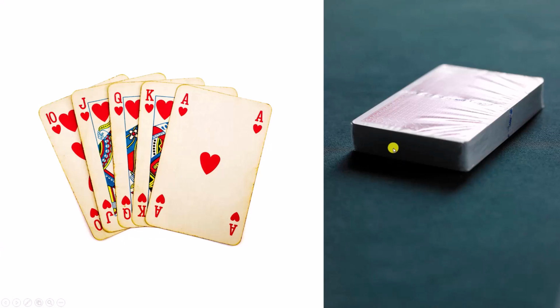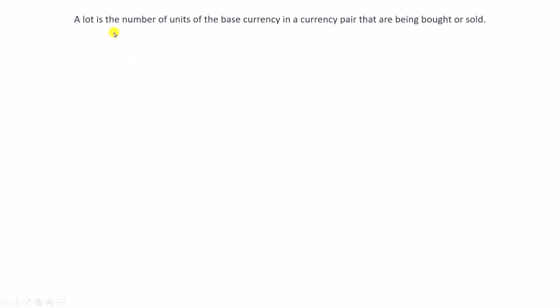The entire pack is called a lot in Forex. So what is a lot? A lot is the number of units of the base currency in a currency pair that are being bought or sold. Now let us go into detail.